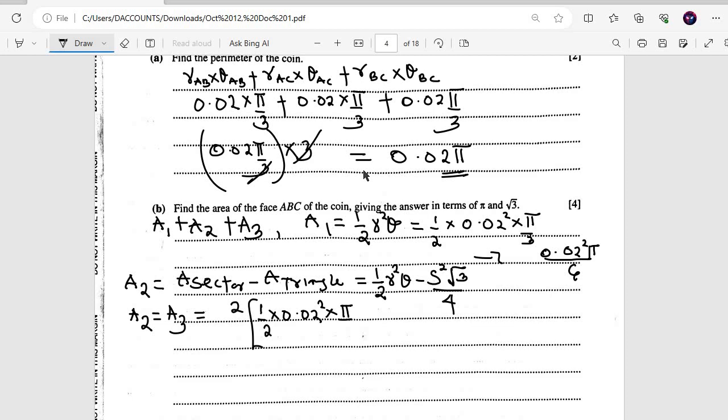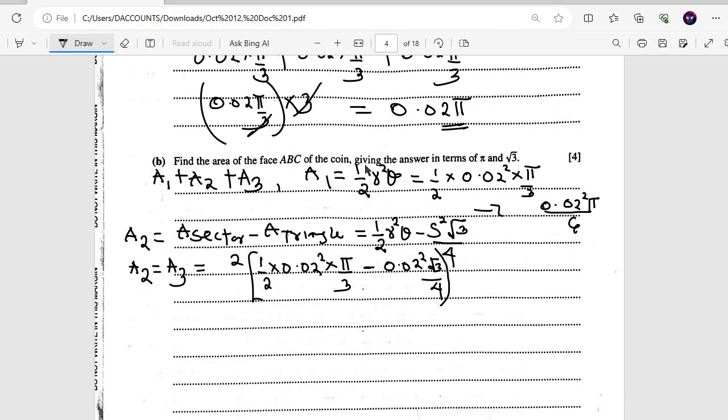Minus the side, 0.02, squared root 3 over 4, that's for the equilateral triangle. At the end of the day, the area of the segment A2 is equal to A3.